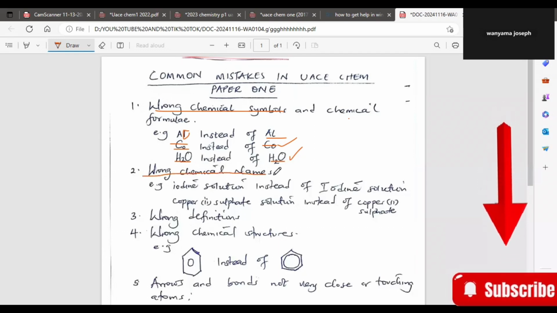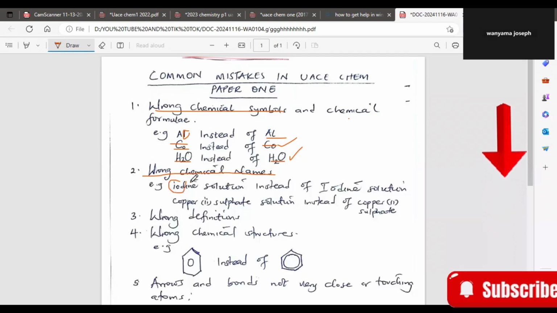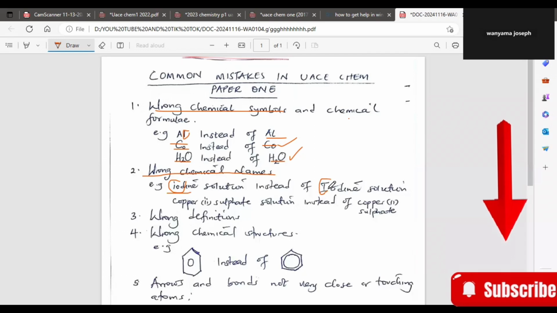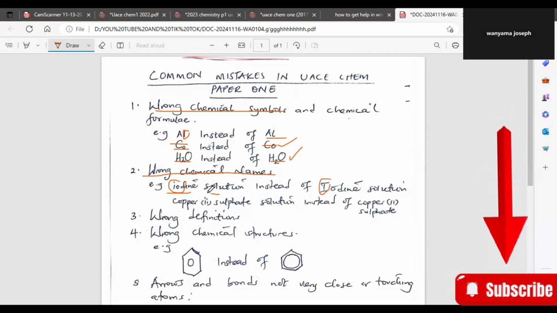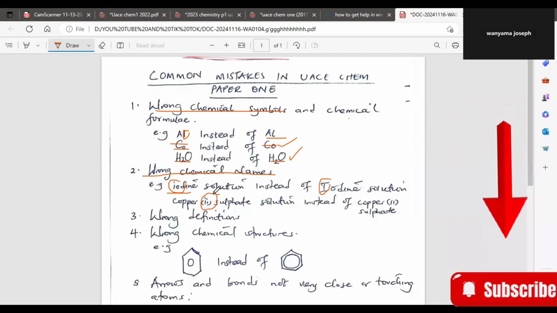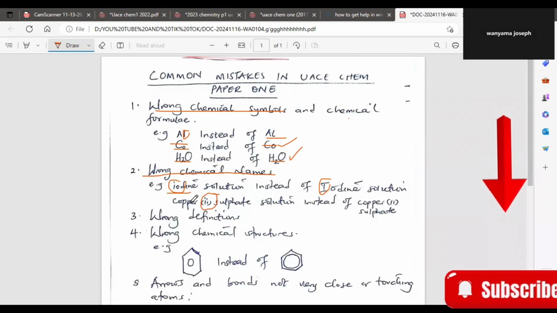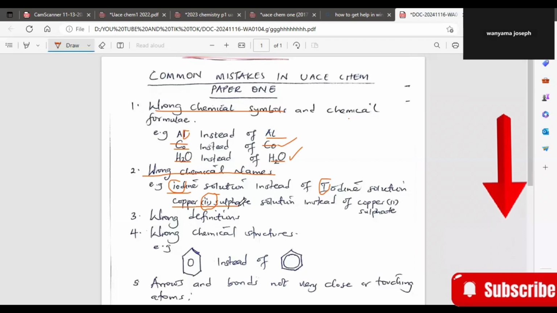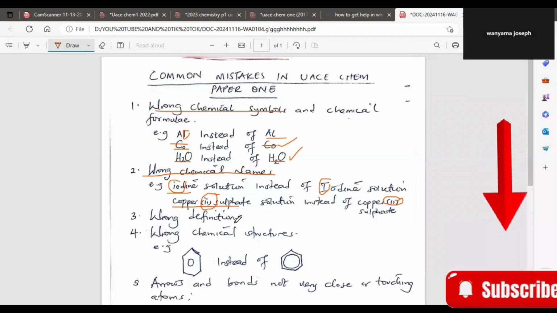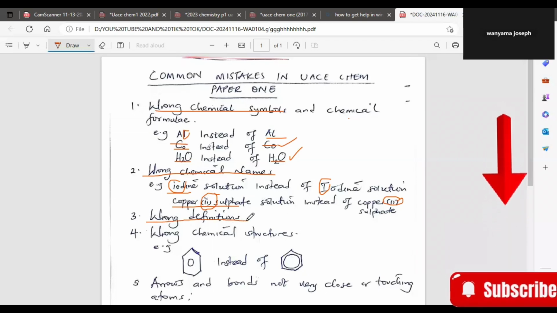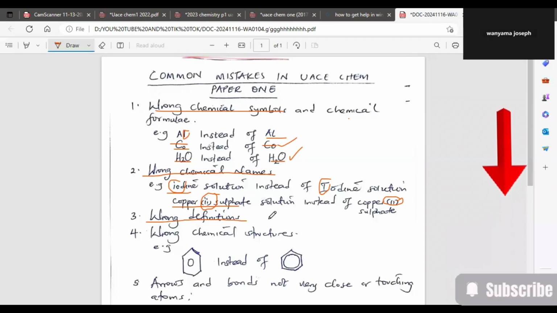Then wrong chemical names, especially for reagents, like spelling iodine. When you are starting a reagent, make sure it starts with a capital letter, like this capital I. Now, if you are putting Roman numerals between the name of a chemical reagent or chemical substance, ensure that you use the correct Roman numeral like this, without the dots on the I. Then some students are always defining wrongly, misfiring definitions.